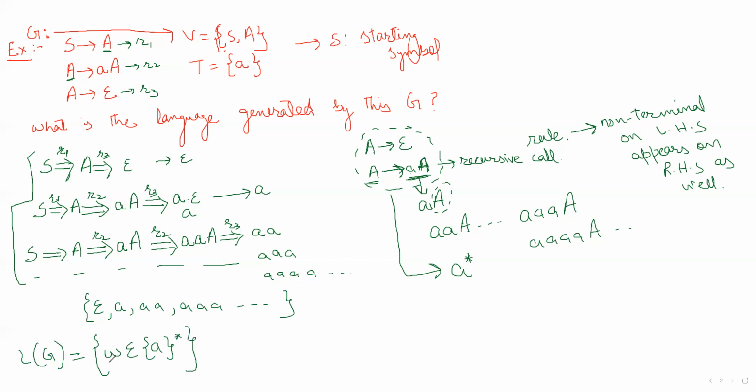So it is generating strings which belong to a star, that means it is generating the symbols epsilon, a, aa, and so on. This is the language generated by the grammar.